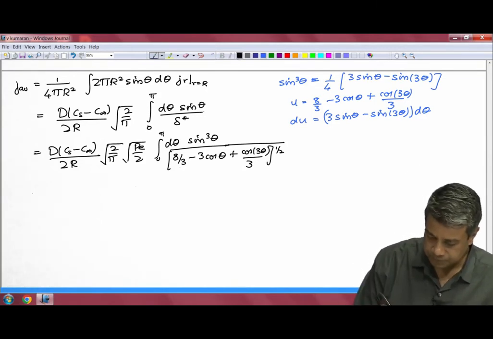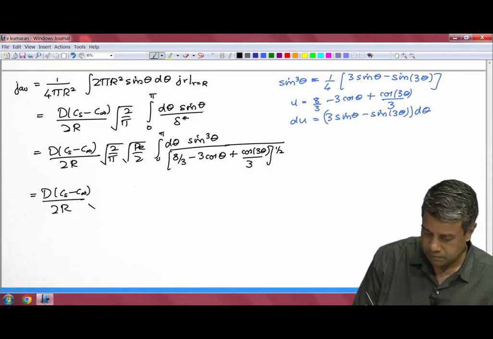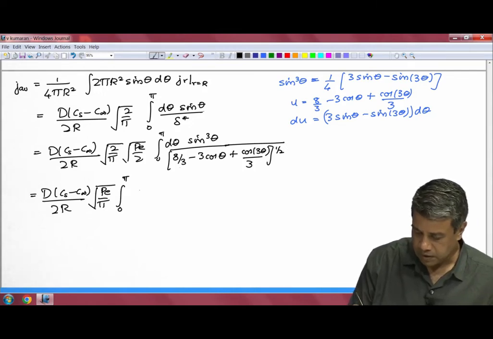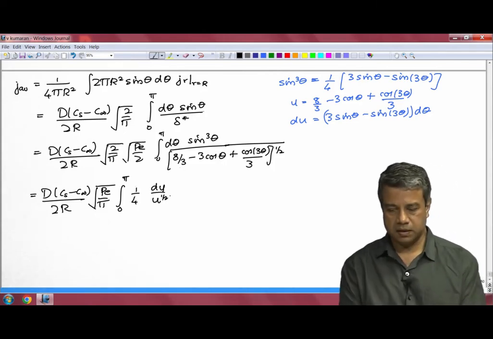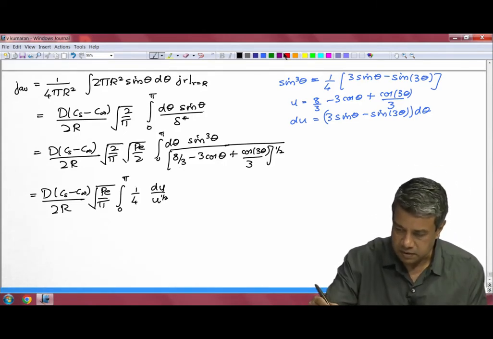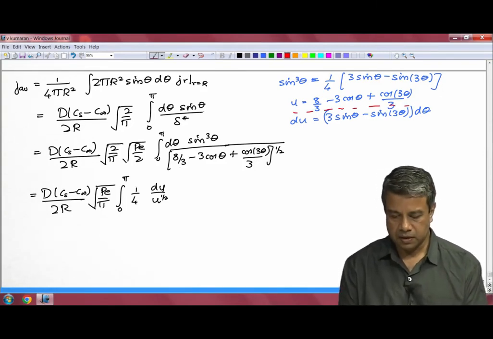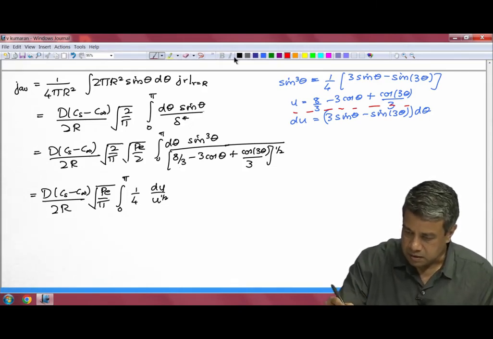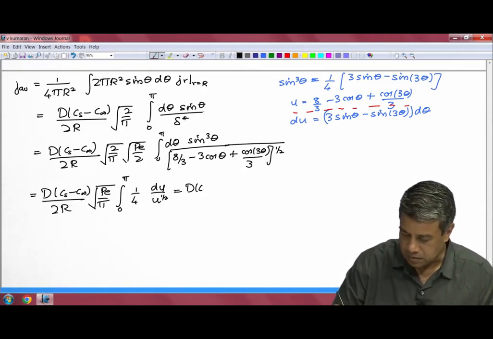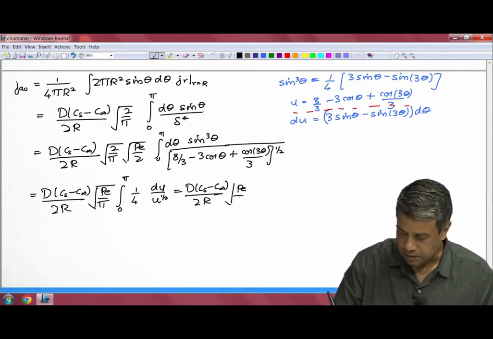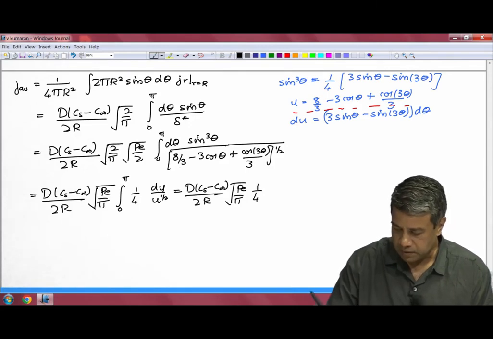So, I will get 1/4 du by u power half, where u is this function of theta. I can do the integral, and this will turn out to be equal to D (Cs − C∞) by 2R root of Pe by pi, into 1/4.